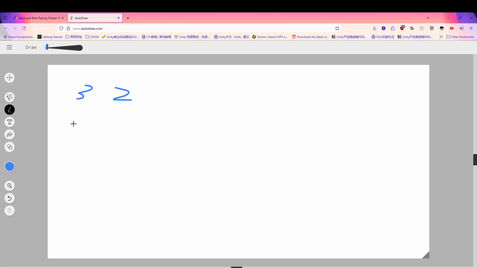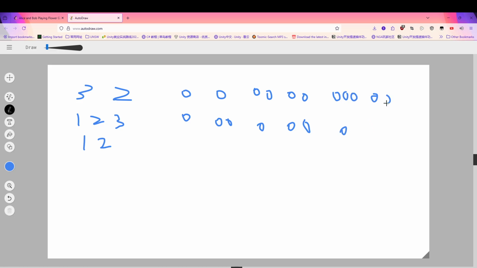So for n, we got 1, 2, 3, and for m, we got 1, 2. So we have 6 combinations in total. It's 1,1, 1,2, 2,1, 2,2, and 3,1, 3,2.